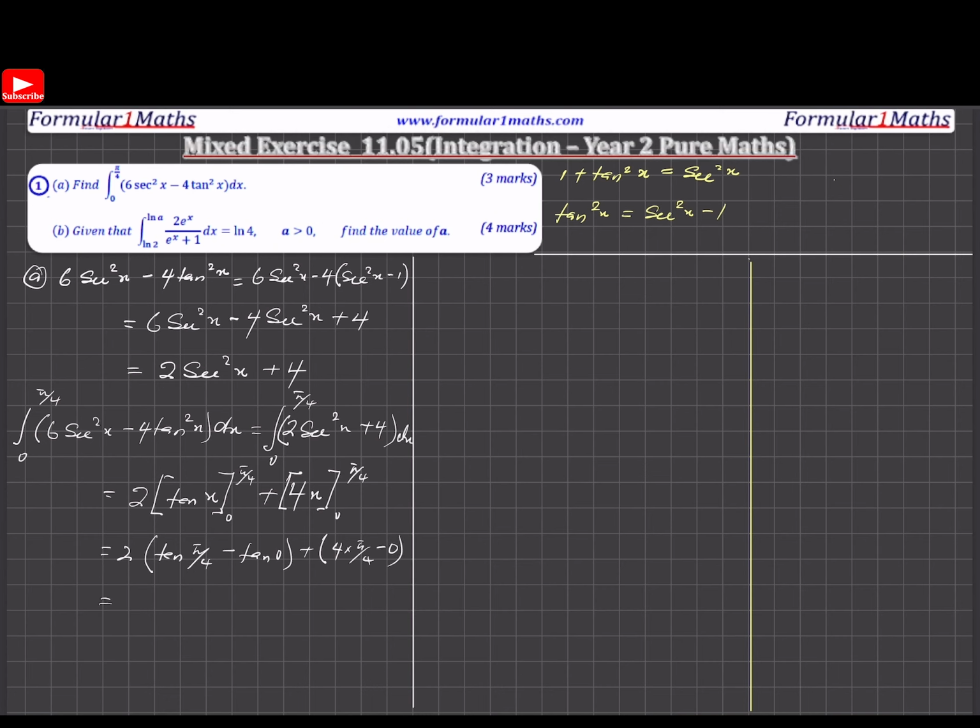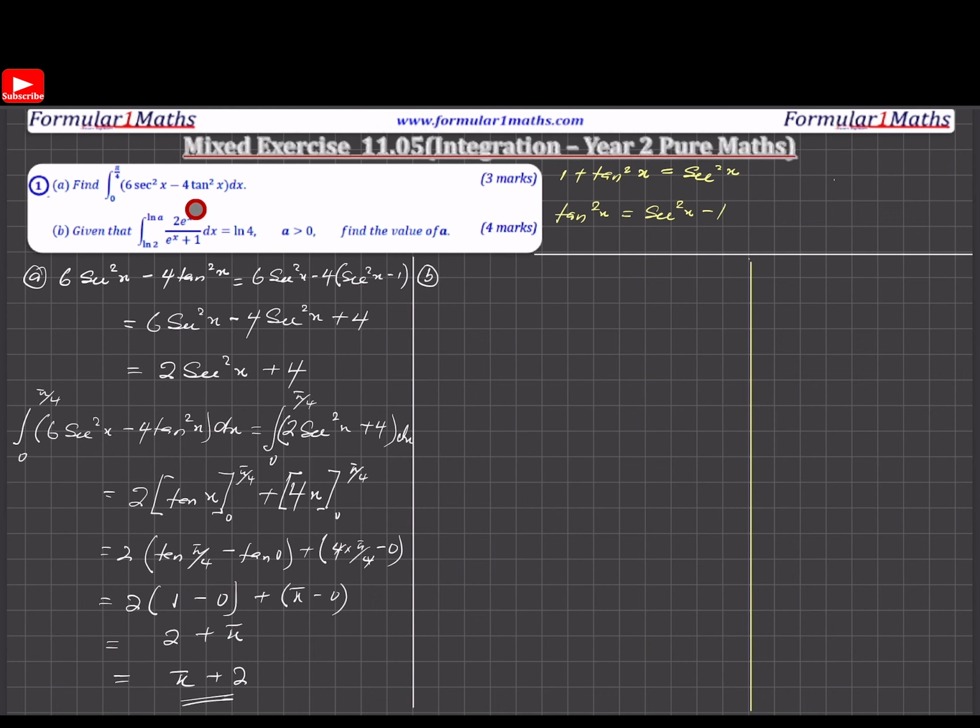So we have 2 brackets, tan pi over 4 is 1, and tan 0 is 0, plus this will cancel out, and I'll be left with pi minus 0. So simplifying that, we're going to get 2 plus pi, and we can also write it as pi plus 2. And that is the answer required for 1a.